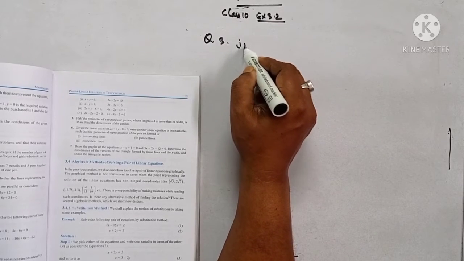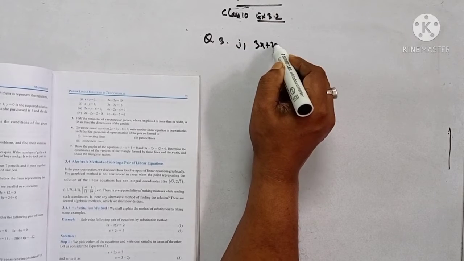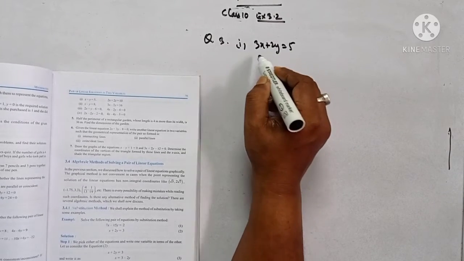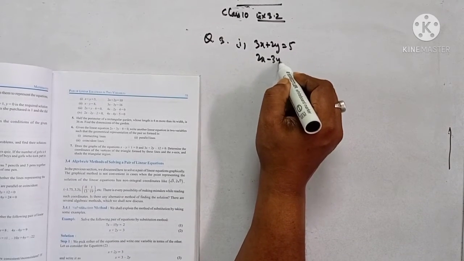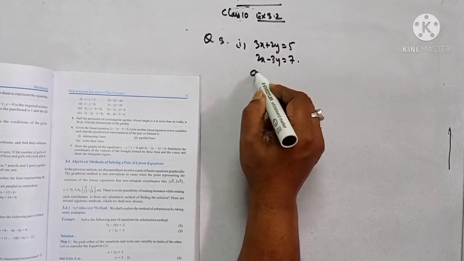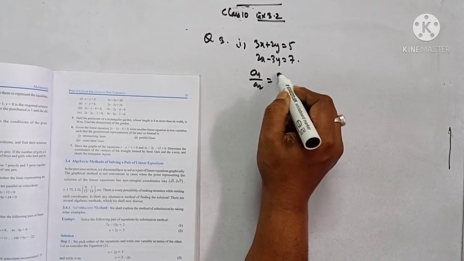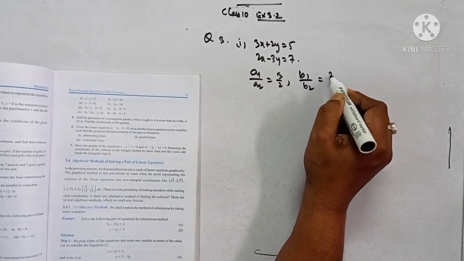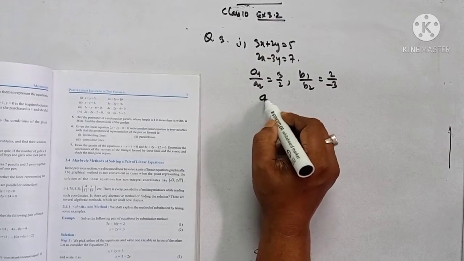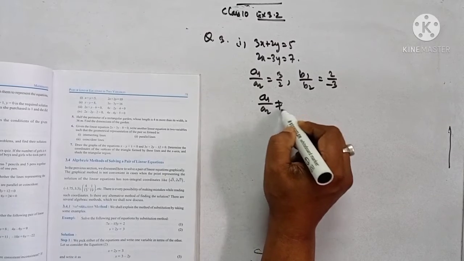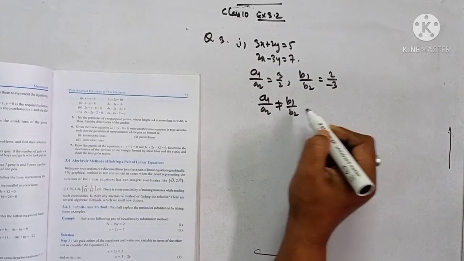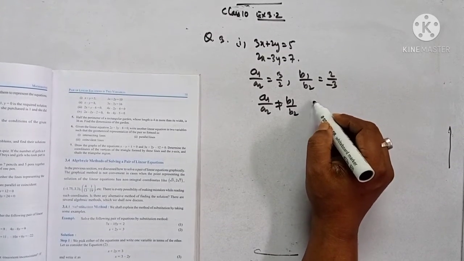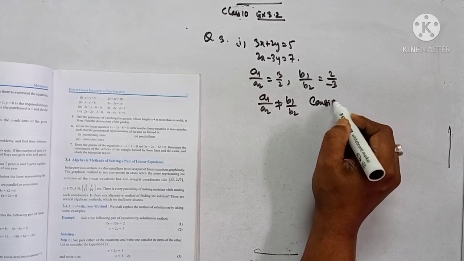First: 3x plus 2y is equal to 5, and 2x minus 3y is equal to 7. Here a1 by a2 is 3 by 2, and b1 by b2 is 2 by minus 3. So a1 by a2 is not equal to b1 by b2. So it has a unique solution, the lines intersect, so it is consistent.